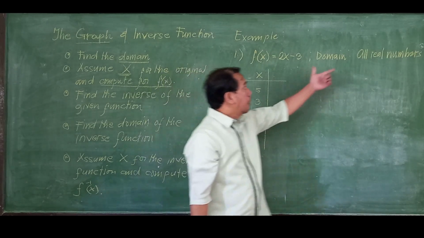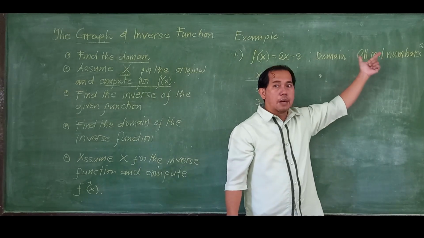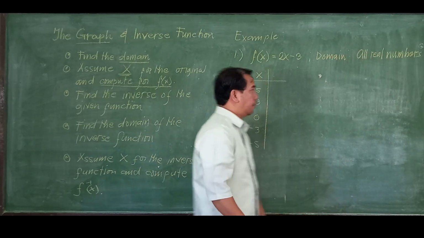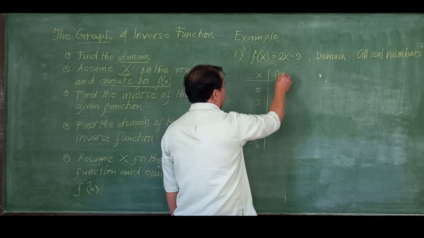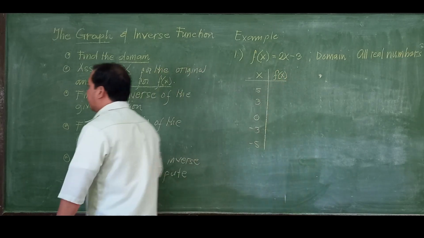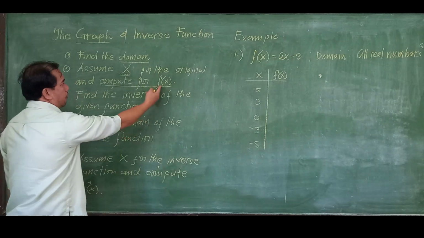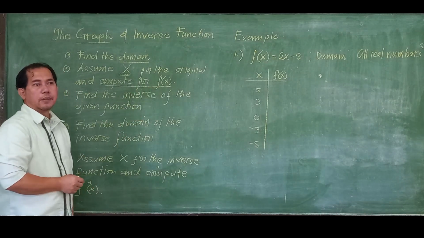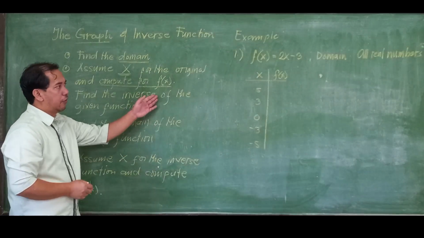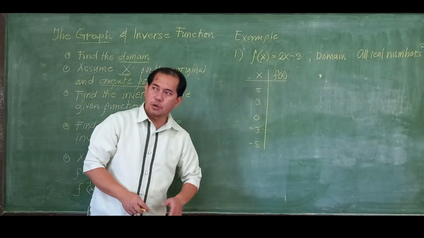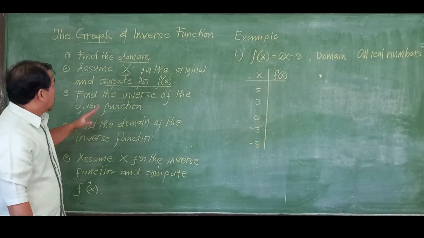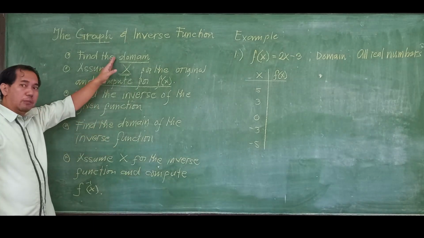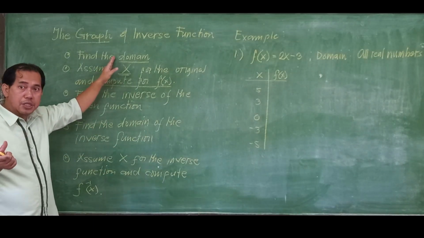Yes. Why? Because the domain are all real numbers. Okay? And then after that one, we will compute now for what? For the value of f of x. Okay? We will compute now for the values of f of x. So again, to graph a function, the very first thing that we will be doing is we will analyze.